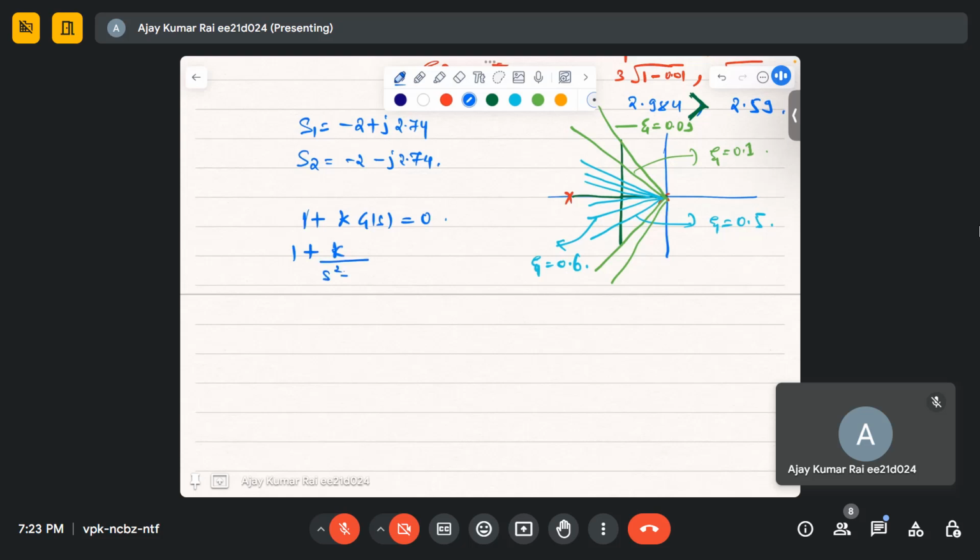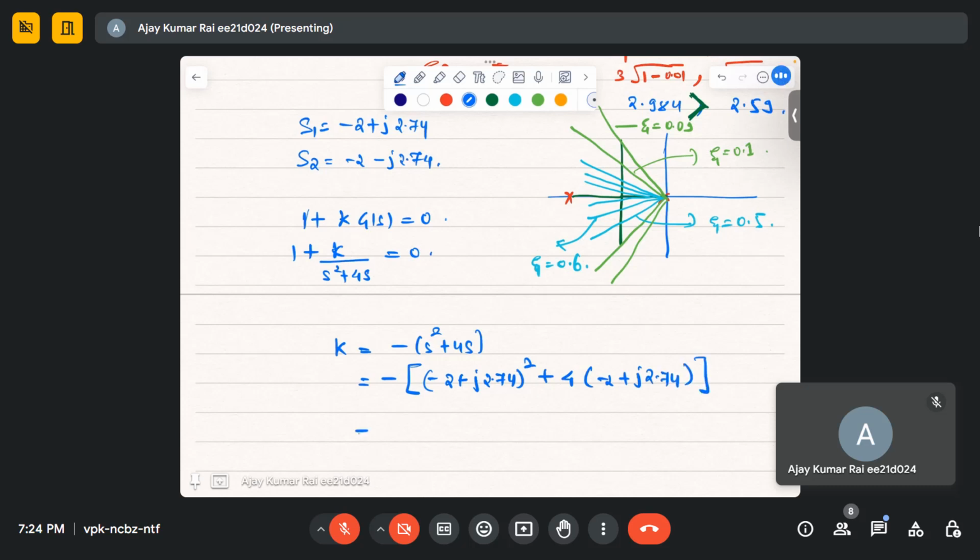So 1 plus K, what is GS? It is equal to S square plus 4S equal to 0. K is equal to minus S square plus 4S. And if you put S equal to minus 2 plus j 2.74, whole square, use this bracket, plus 4 into minus 2 plus j 2.74.